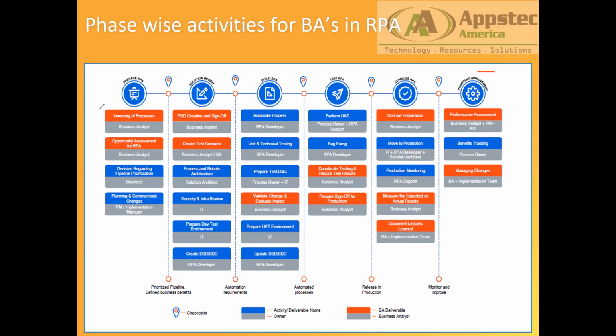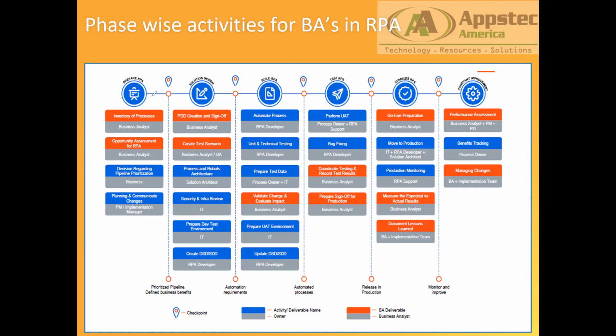PDD, process definition or description document. SDD, solution design document, right? This needs to be created. Providing the solution proposal by checking how much scalability is required, right? And who are your RPA stakeholders? You connect and communicate and engage with them. These are the different roles that we understand. Now how these roles fit in as per our RDLC life cycle, that's what we would be trying to understand.